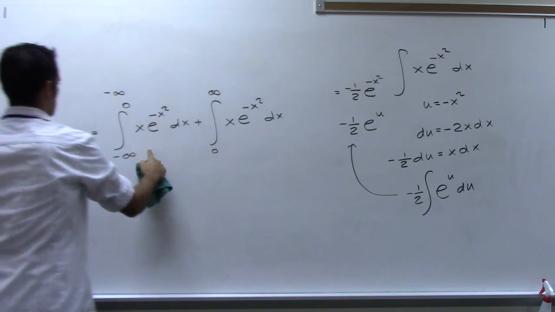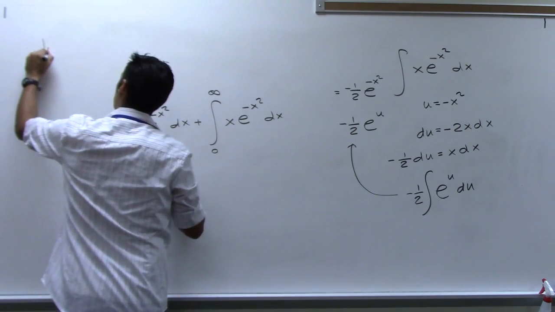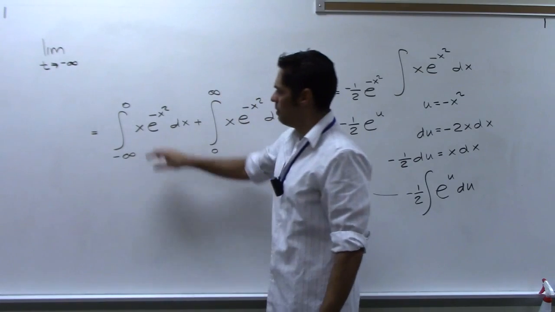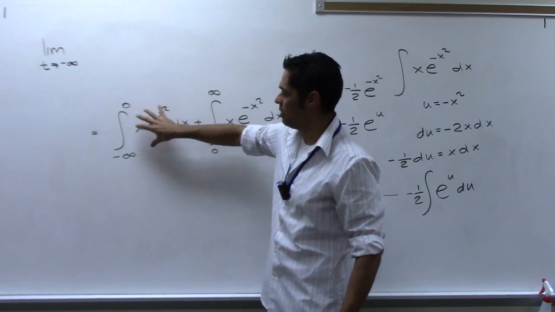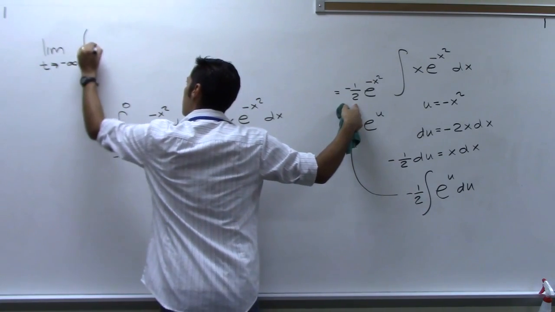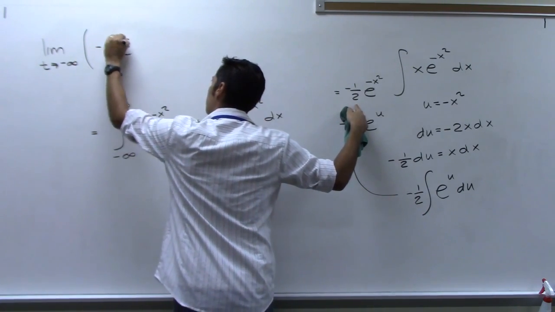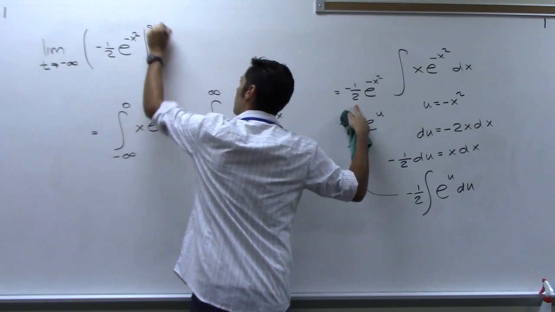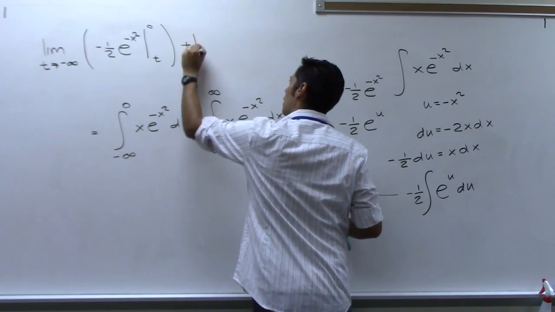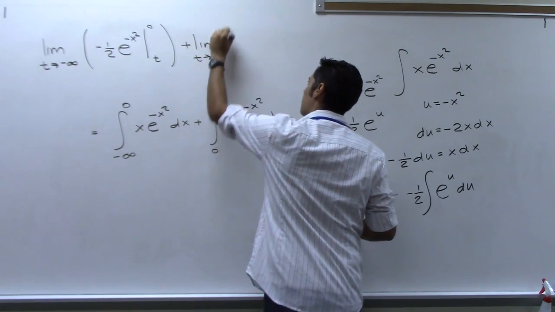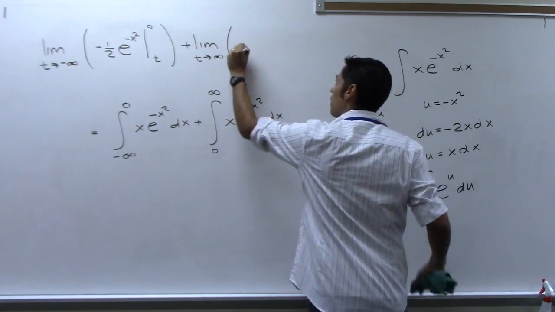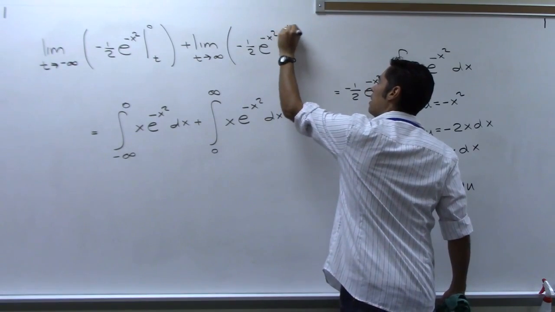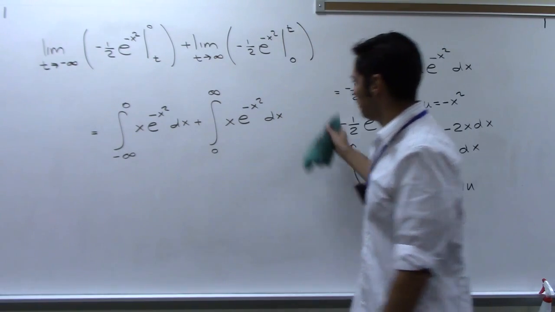We're going to have this first one, which will be the limit as t goes to negative infinity of the antiderivative of this, which is -1/2 e to the negative x squared, evaluated from negative infinity, which is my t, up to 0, and then plus another limit as t goes to positive infinity this time of the antiderivative of this, which is still this, evaluated this time from 0 to infinity, but infinity is my t. So that's it right there.